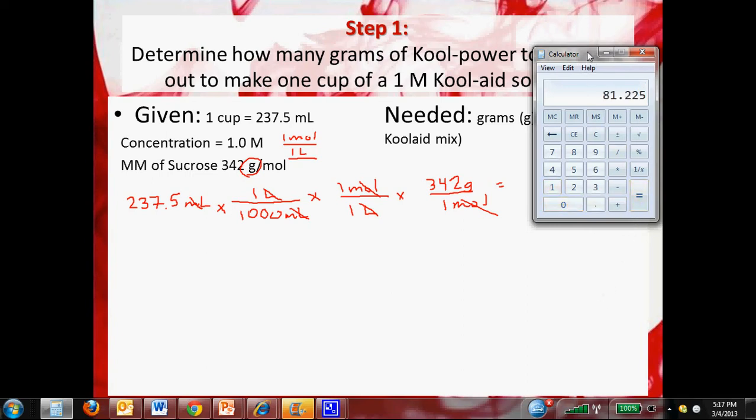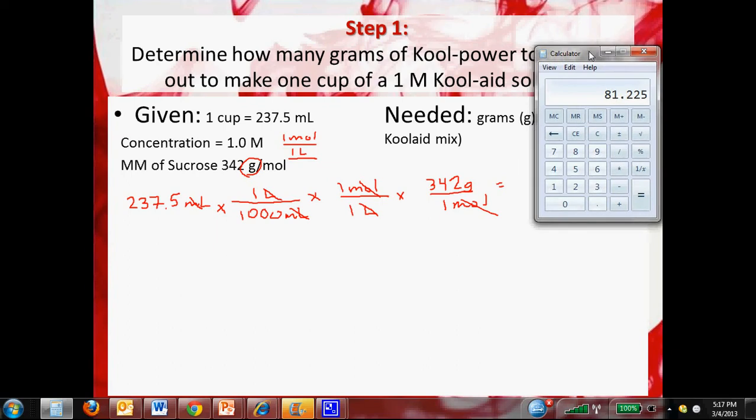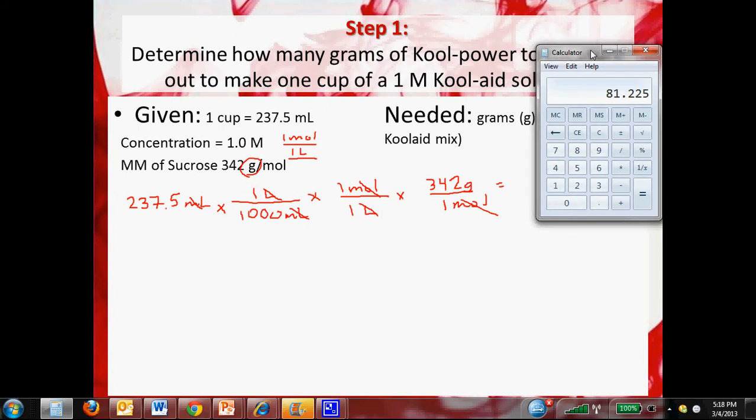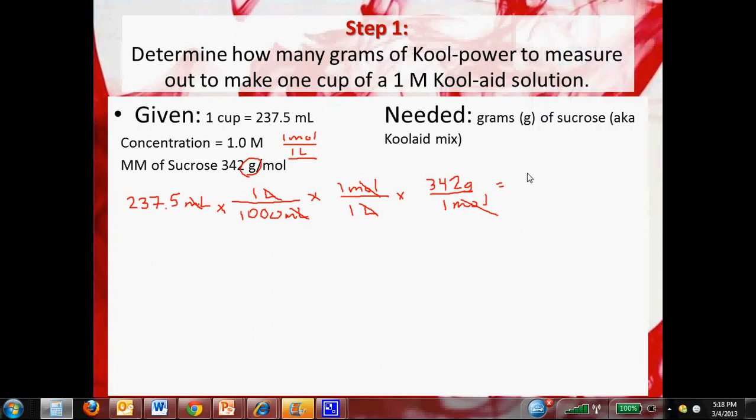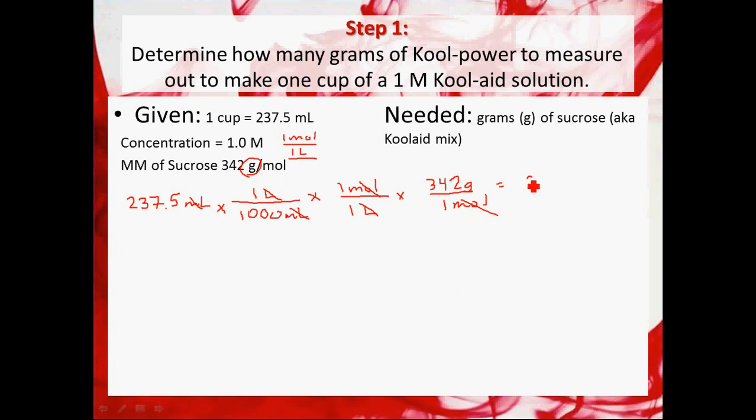And I get the number 81.225. And I'm actually going to need 3 significant figures for this, so I'm going to write 81.2 grams. This is the mass that I need. So where it says grams of Kool-Aid needed, you'll write 81.2 grams.